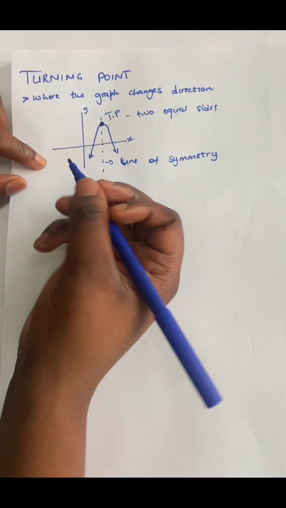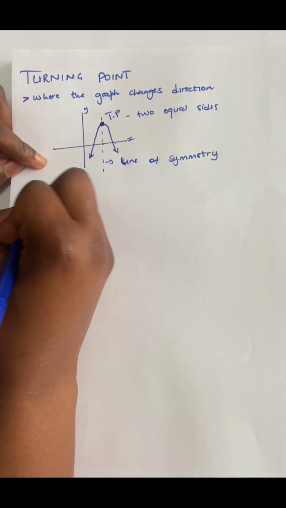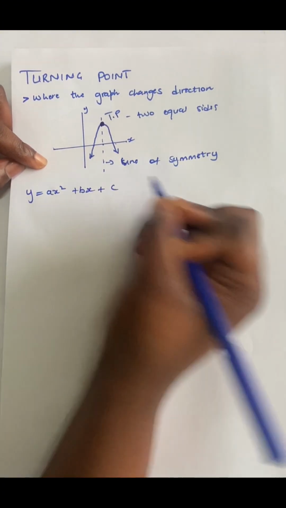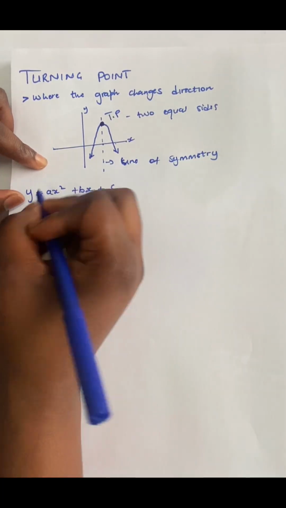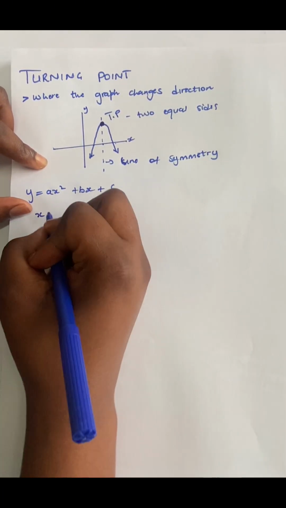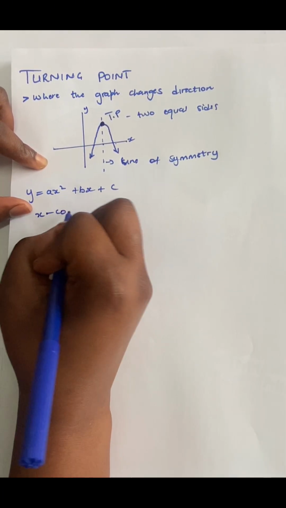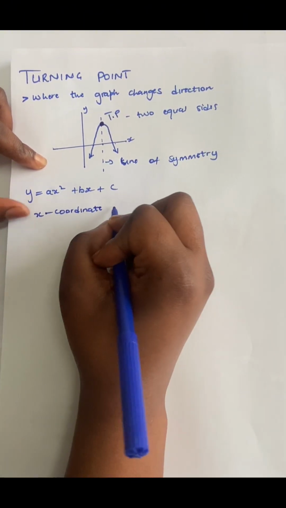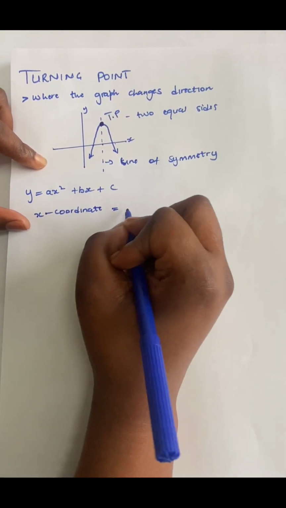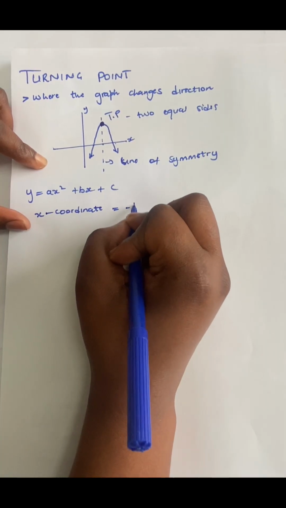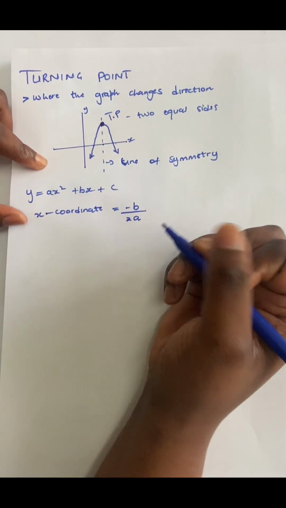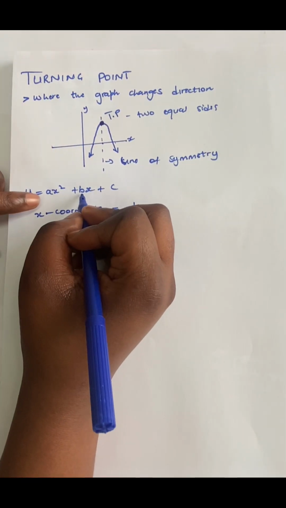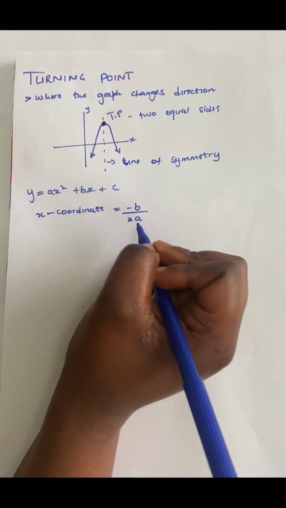Okay, let's start with the first standard form. Remember this one is equal to ax squared plus bx plus c. All right, so your x coordinate of a turning point will be equal to negative b over 2a, the number that will be here and the number that will be here.